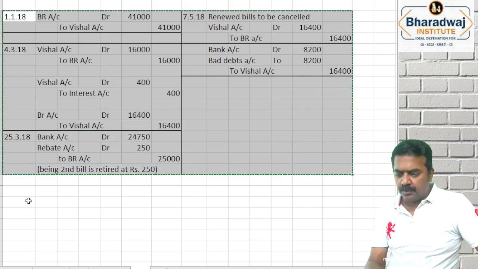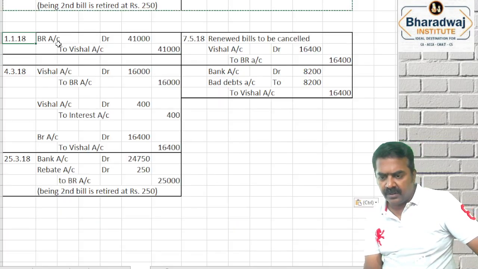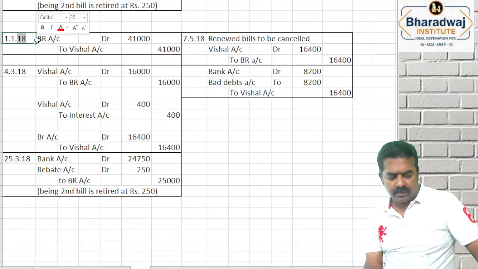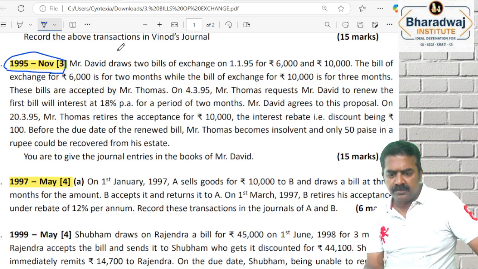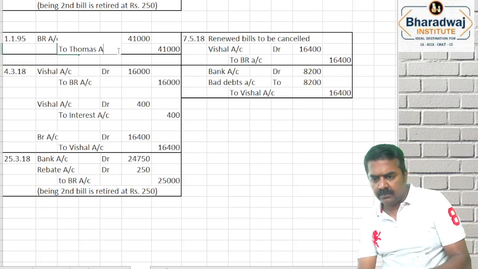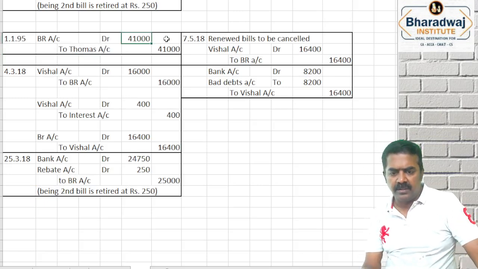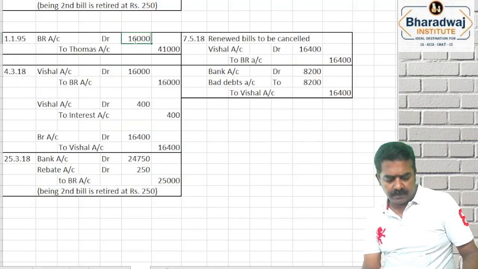They are asking you to pass the journal entry in the books of which party? David. Bills receivable account debit to which account? What is the total value of the bill? 16,000.